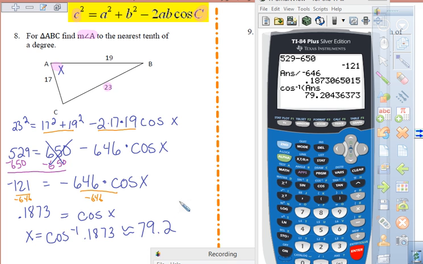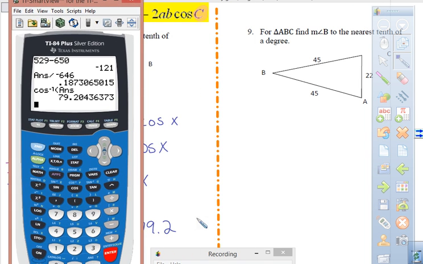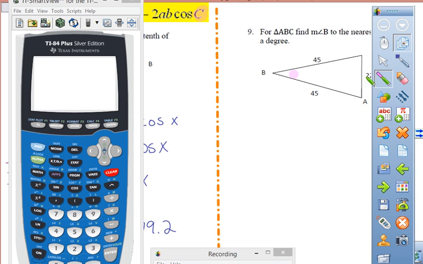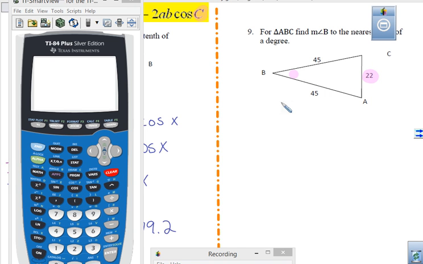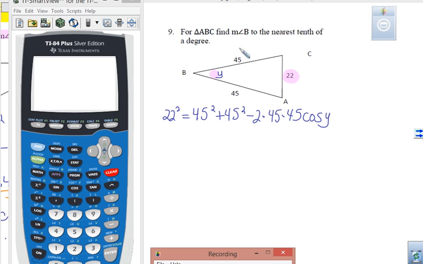So why don't you get number 9 set up? Check your setup with mine.